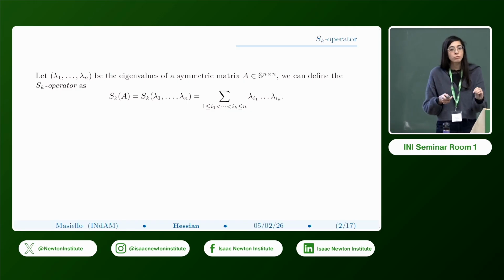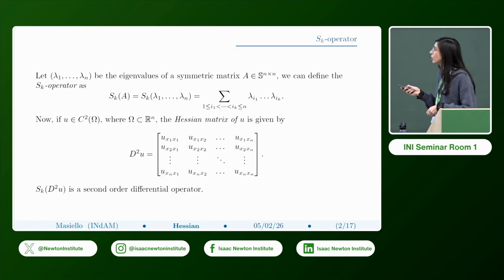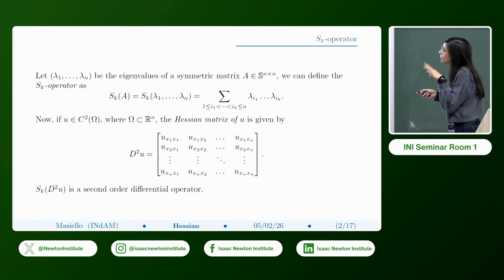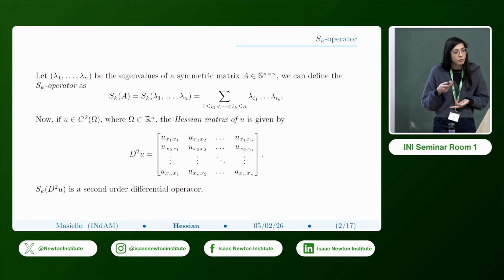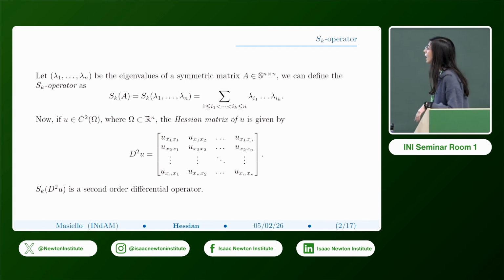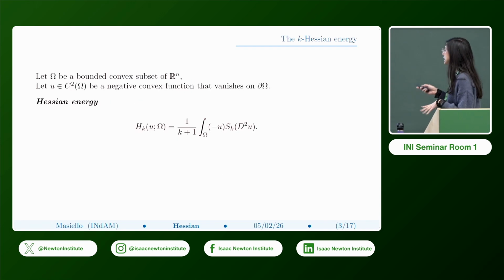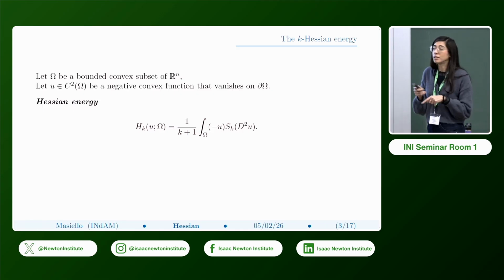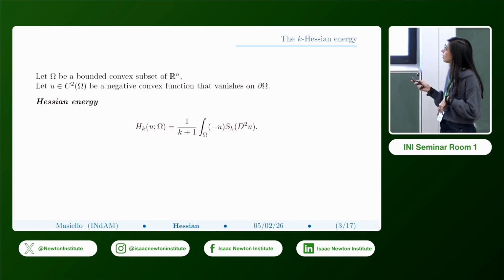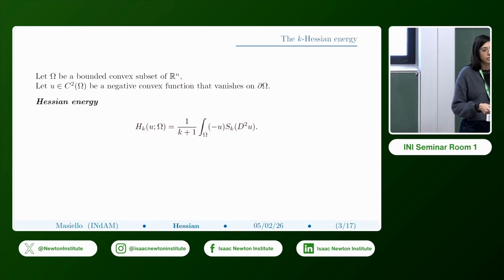What we want to do is to build a differential operator. So we will apply this symmetric elementary function on the Hessian matrix of a C2 function defined on a set omega in R^n. What we are interested in today is the k-Hessian energy. So we will consider throughout these 10 minutes a bounded convex subset of R^n and a C2 convex function defined on this set.